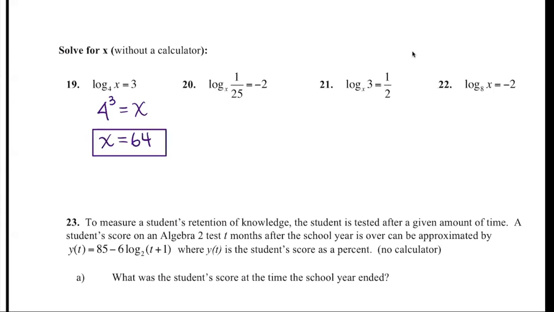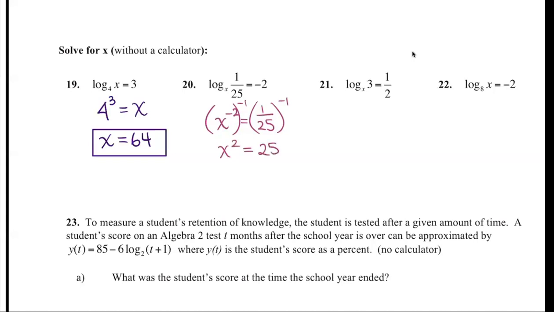Okay. This one, number 20, we got x to the -2 is equal to 1 over 25. A couple of things you can do here to solve for that. I'm going to take both sides to the -1, so that when I multiply, I get just +2 for that exponent, and this flips the fraction.